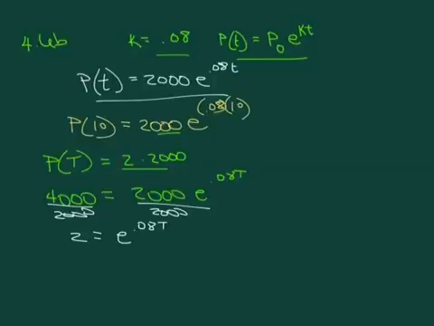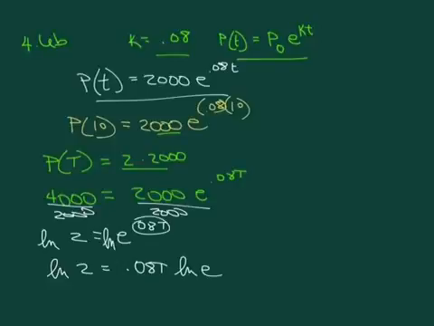Okay, not too bad. Now we take the ln of both sides, so the ln of 2 equals, I'm going to just do all of the work here, T ln of e to the 0.08, because remember the exponent goes in front. The ln of e is equal to 1, so it can go away.